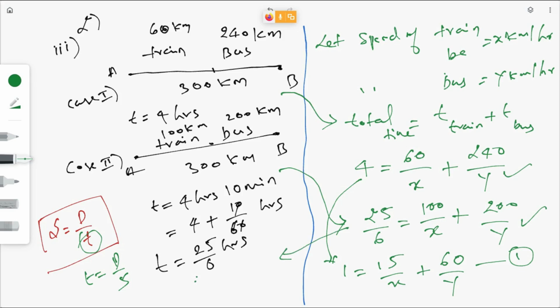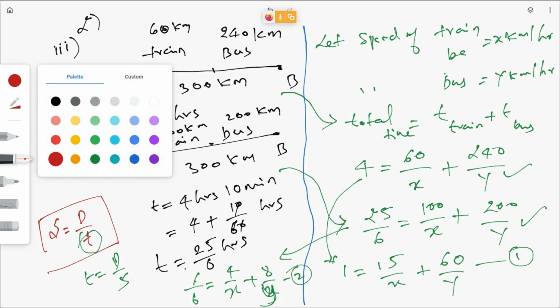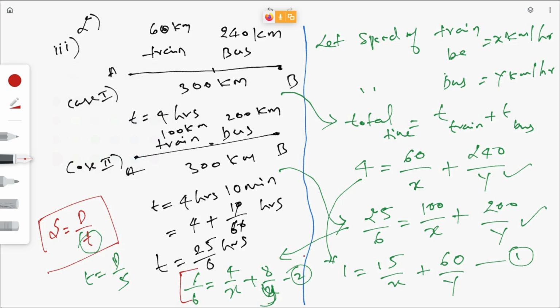That is 1 by 6 is equal to 4 by x, that is 100 by 25, and 8 by y, that is 200 by 25. Sorry, this is y. So this is my second equation. We know that we can solve this one, right? Equations reducible to simpler form. We can reduce these two equations to simpler form and then solve.